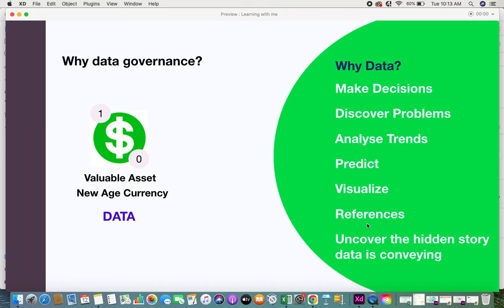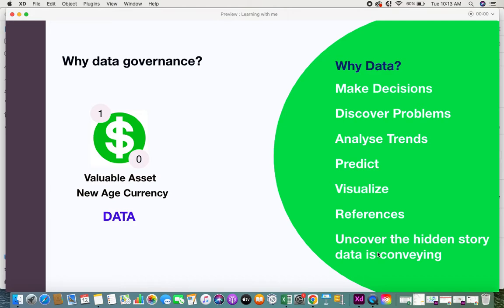The next one is data can also act as references when other dependent people need to use certain sets of data that are used globally. Data can also act as reference data. And the last one is uncover hidden story. Data will definitely convey a number of stories.